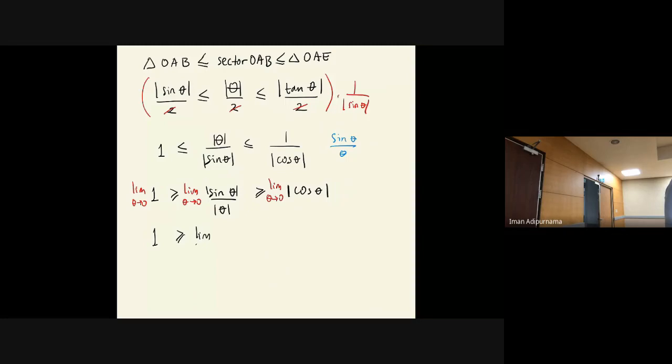The limit as theta goes to 0 of cos theta is 1, right? So it's 1. So based on the squeeze theorem, the limit as theta goes to 0 of sine theta over theta is 1.